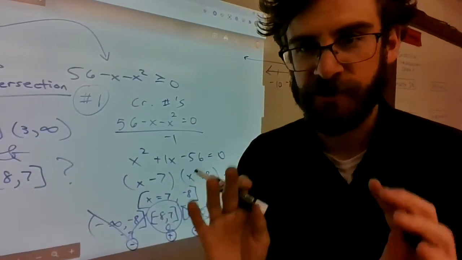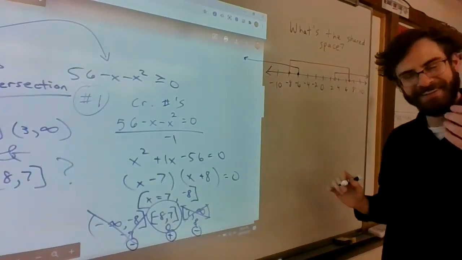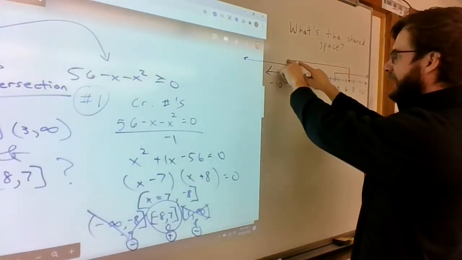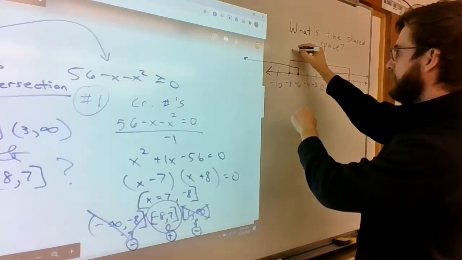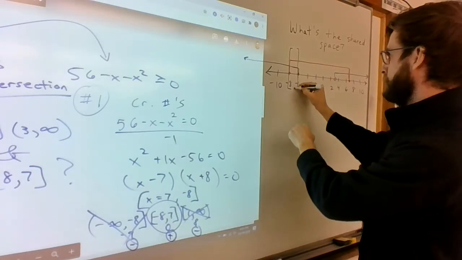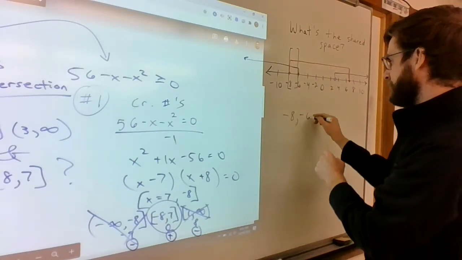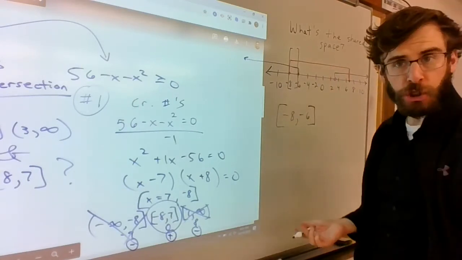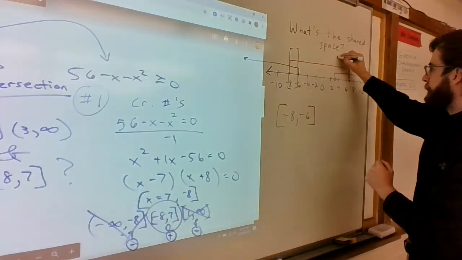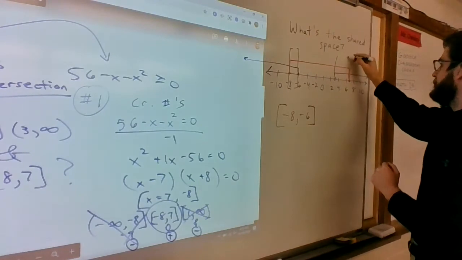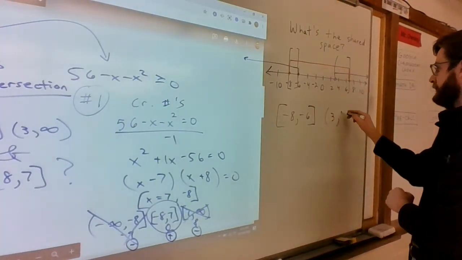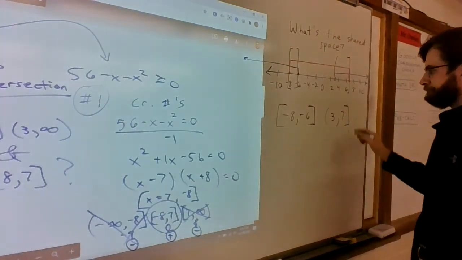Bottom line, the red and the purple occupy this spot right here from -8 to -6, both inclusive. And it also occupies from 3 to 7. The 3 gets a parenthesis, the 7 gets a bracket.